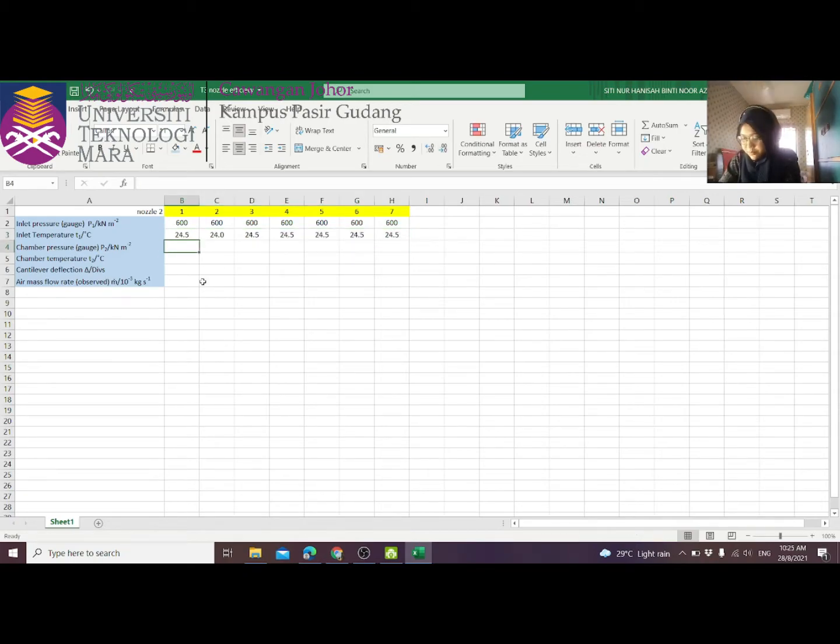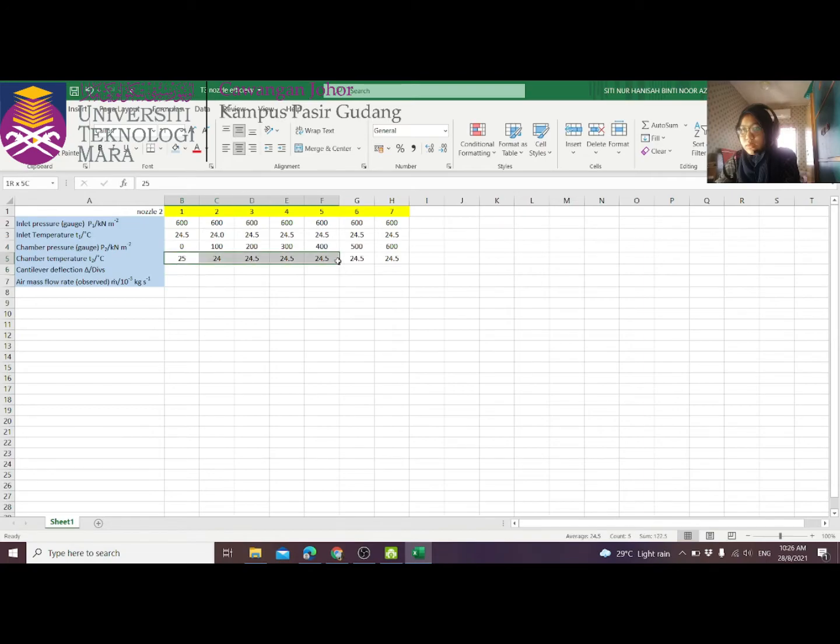Okay, and then the chamber pressure gauge: 0, 100, 200, 300, 400, 500, 600. And then for the chamber temperature, 25.0, 24.0, 24.5, 24.5, 24.5, 24.5, 24.5.